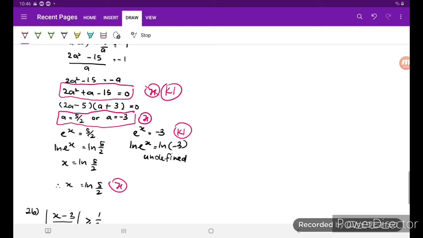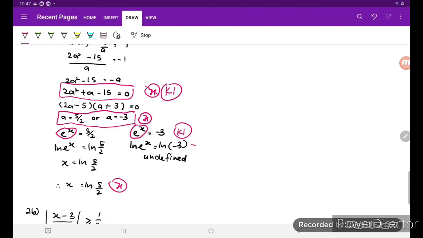And then you substitute back your a as e to the power of x. Another K1. And solve using ln on both sides. Marks will be given for the answer ln 5/2 and also undefined. Why is it undefined?